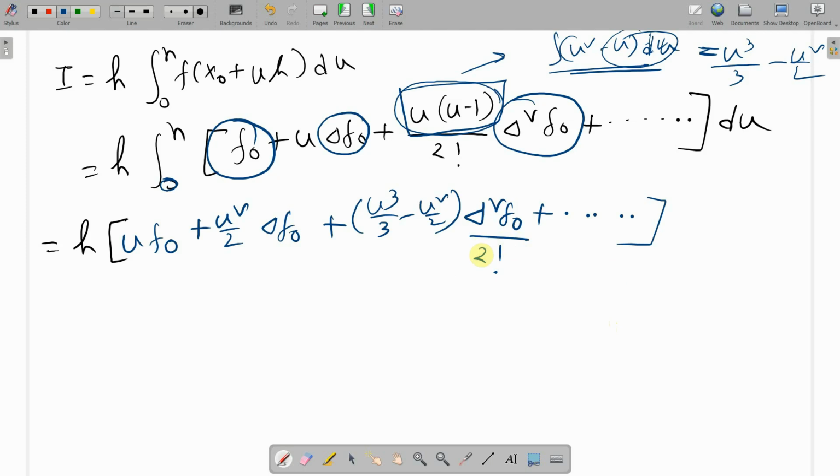Okay. Now what will happen if I take another term? Sometimes you require this term. What will happen if you take u into u minus 1 into u minus 2 by 3 factorial, delta cube f0, plus dot dot dot, and du here?